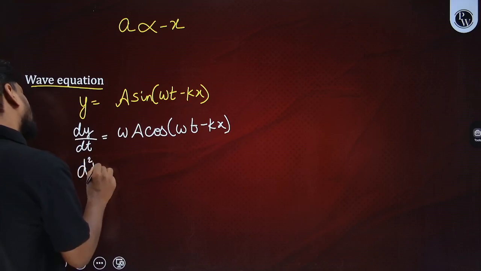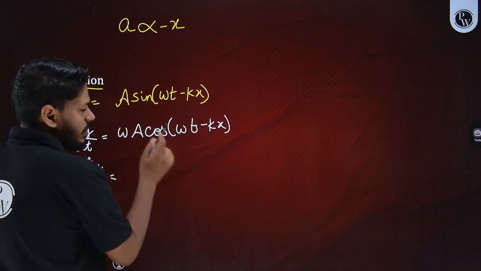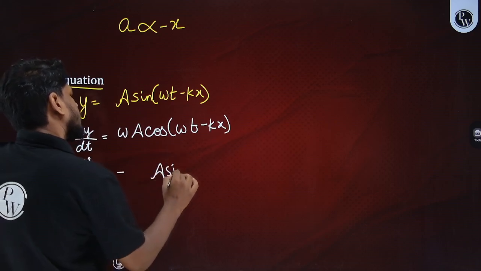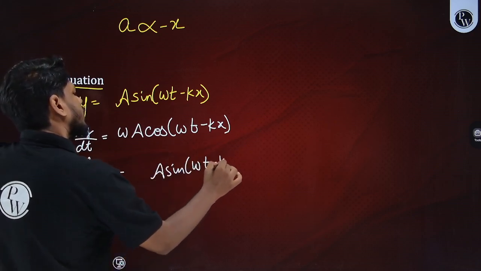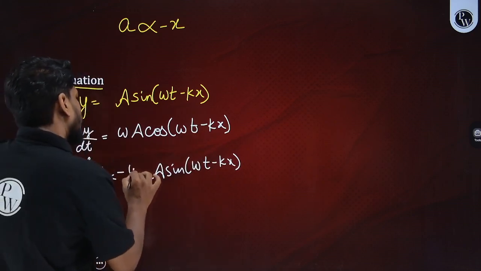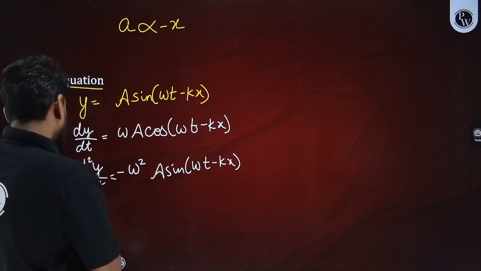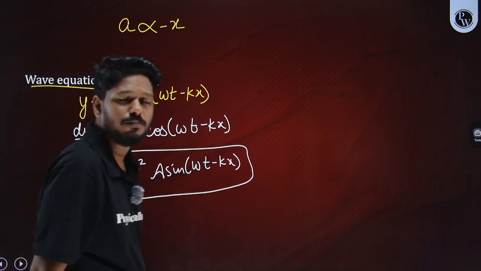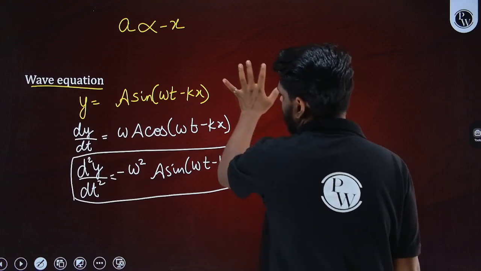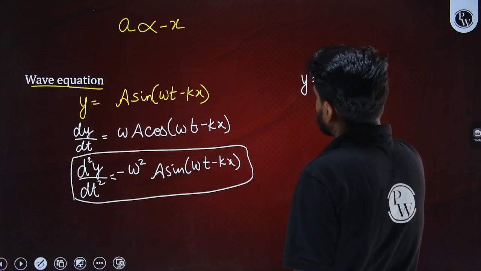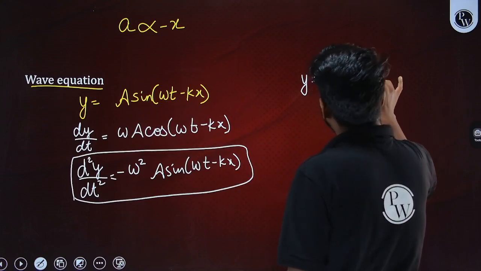If I differentiate the same equation again with respect to time, differentiation of cos will give me minus sine of omega t minus kx, and differentiation of omega t will give me another omega. I already had an omega, now I have another omega. So this is what will be my equation when I differentiate it with respect to time. What will happen if I differentiate the same equation with respect to x?